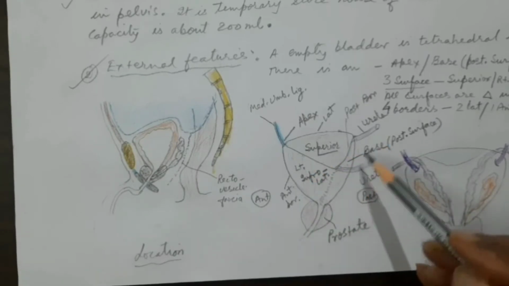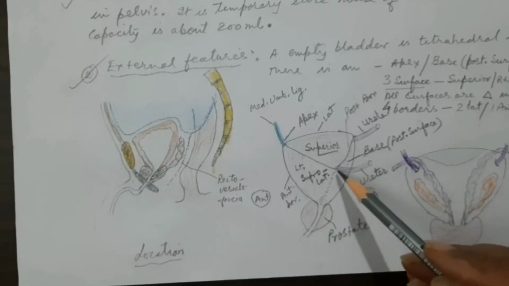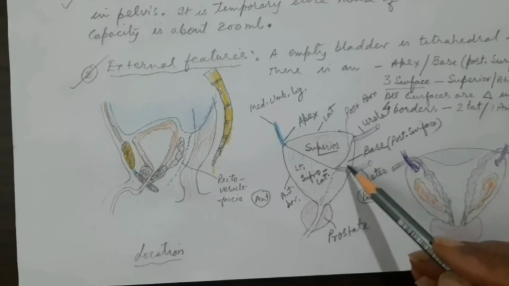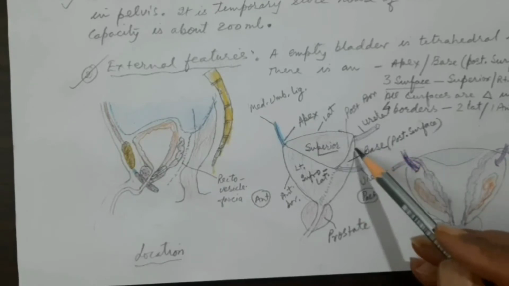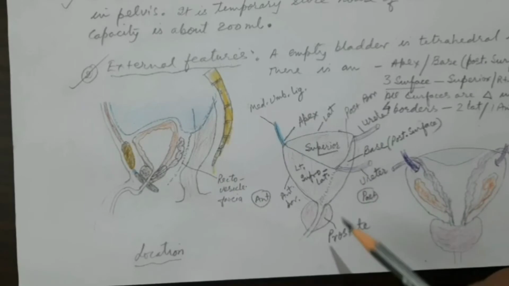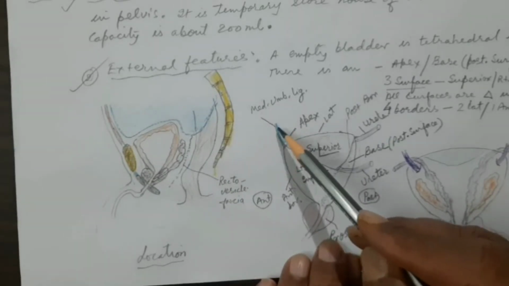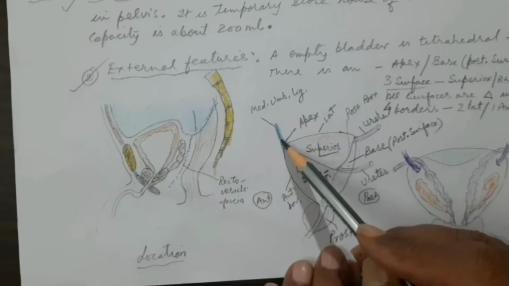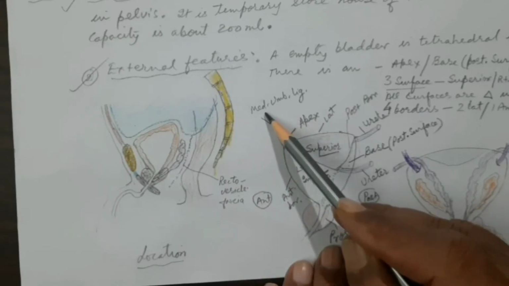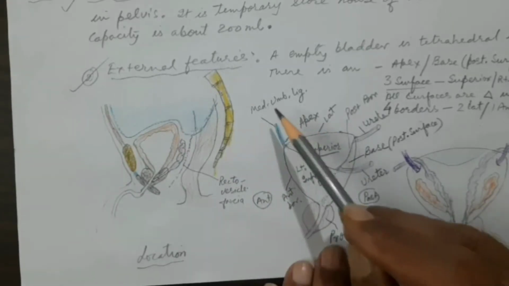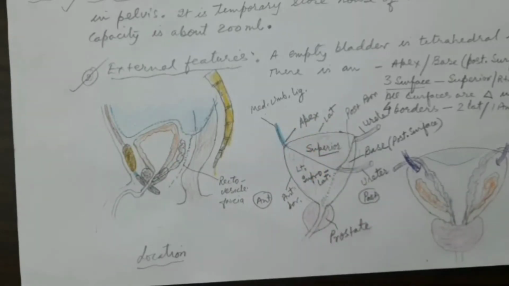So these are the two ureters, which are placed at the uppermost portion of the base, or posterior surface, of the urinary bladder, while the apex is connected with a ligament which I have shown you here in green color. It is the median umbilical ligament, a fibrous band extending from the apex right up to the umbilicus.